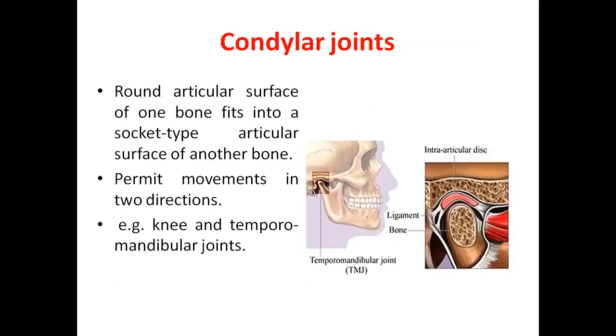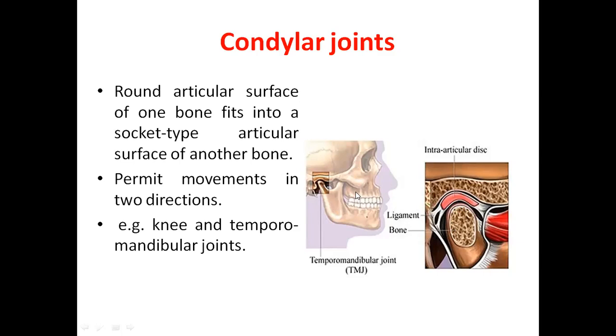Condylar joint is another type of the synovial joints. Here, a round articular surface of one bone fits into a socket type articular surface of another bone. That is, the mandible fits into the temporal bone.